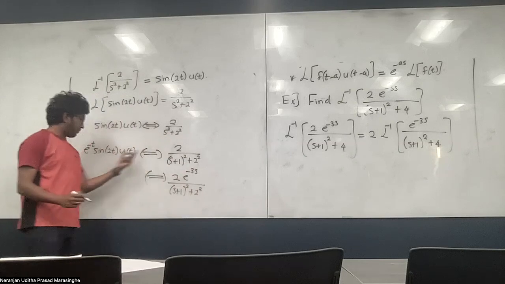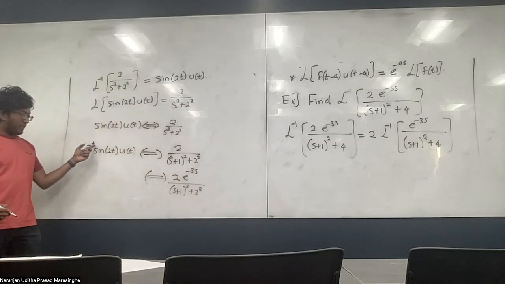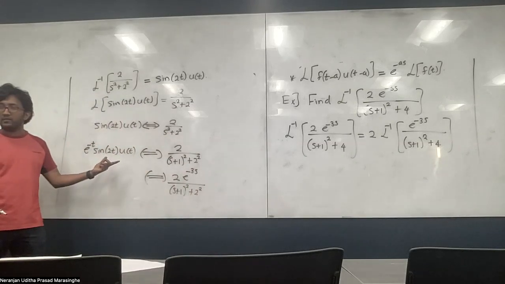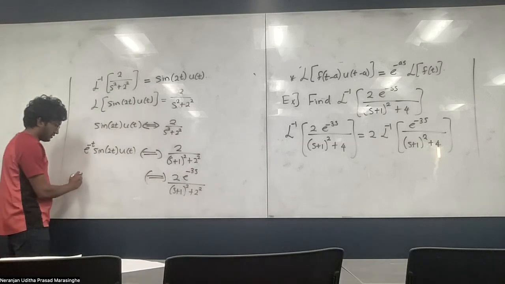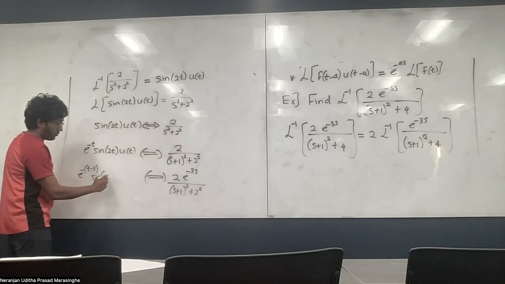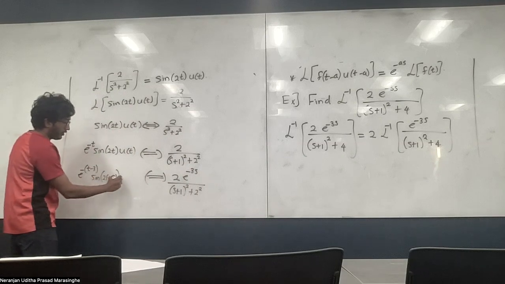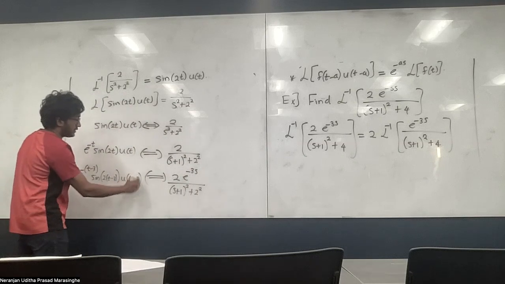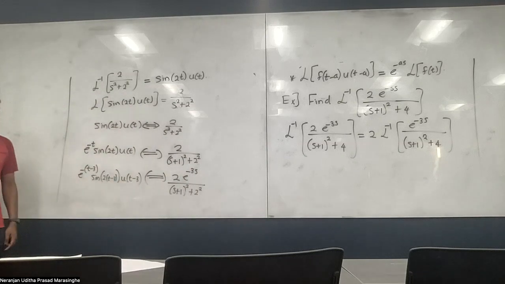So, what would happen in the time domain? t would become t minus 3. Okay, so sine root t minus 3 u t minus 3. Okay, right.